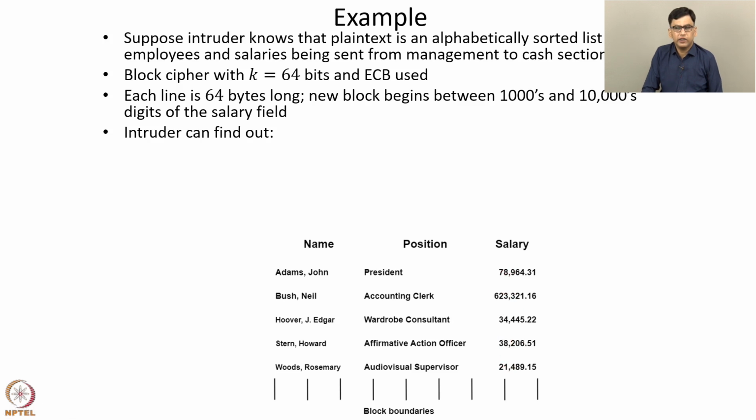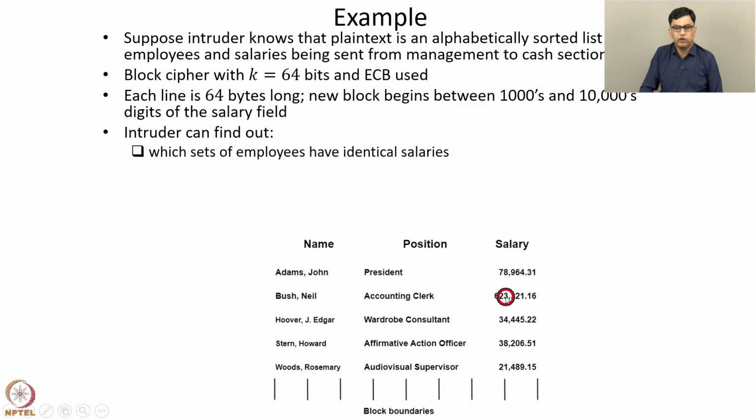Just by observing the ciphertext blocks, can the intruder gain some information? In this example, where electronic codebook is used, the intruder can find out which sets of employees have identical salaries. Just by observing the last 2 blocks in every line, the intruder can find out when 2 employees have the same salary.